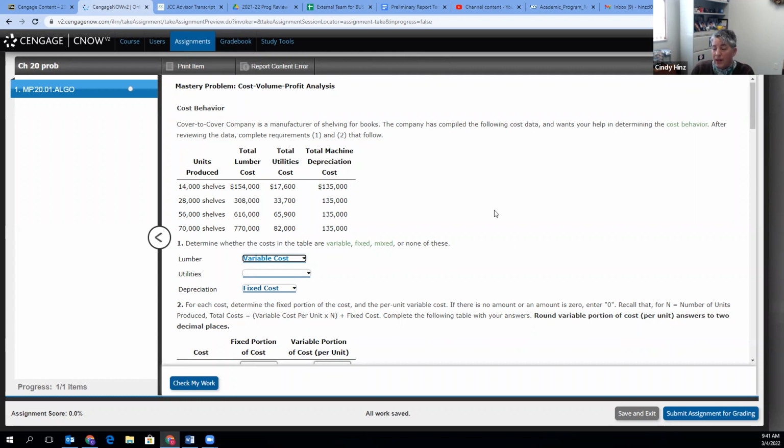And so in that straight line where the slope of the line is the variable cost, if we double production, our cost should double. But that's not what happens here with the total utilities cost. The total utilities cost does not double when we double our production. So that tells us that this is a mixed cost.